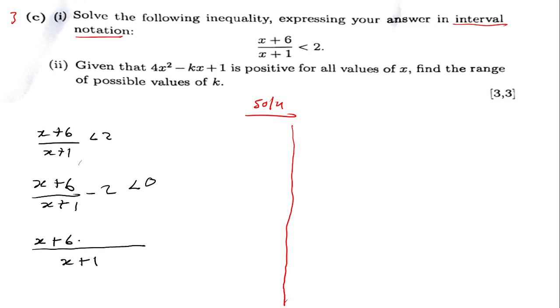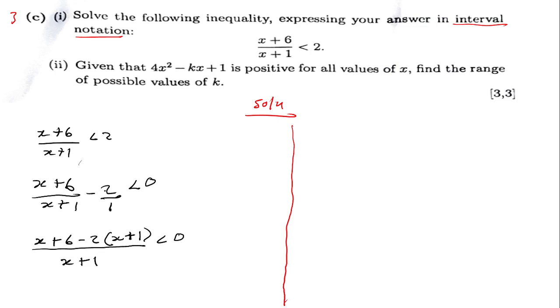Then the negative 2, you write it as negative 2 over 1. 1 into x plus 1 is x plus 1, which we multiply by negative 2. If I remember very well, in that question there was negative 1.